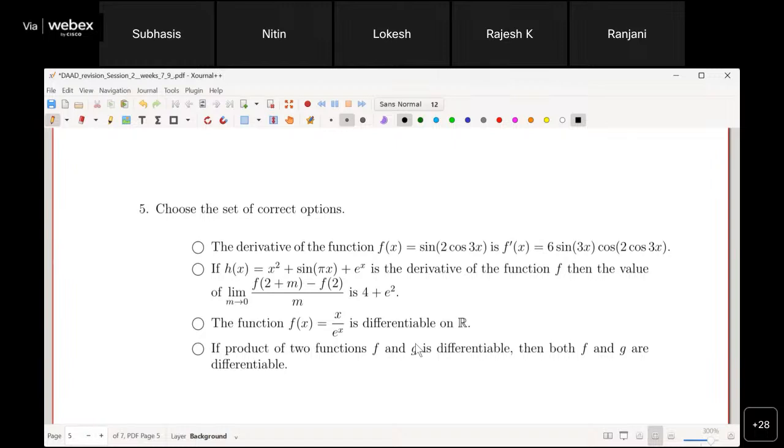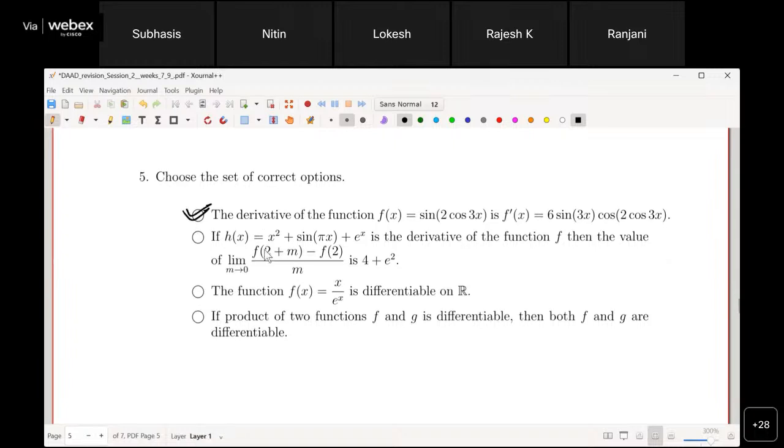Okay. So, any idea about statement number 1? Whether statement number 1 is correct or incorrect?